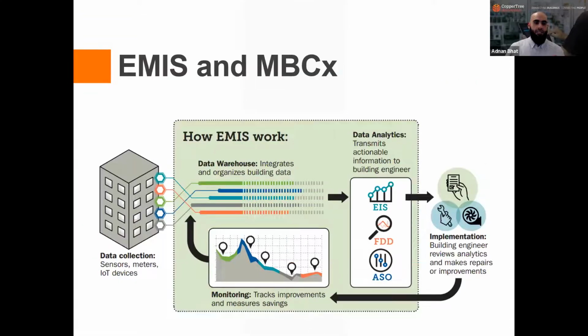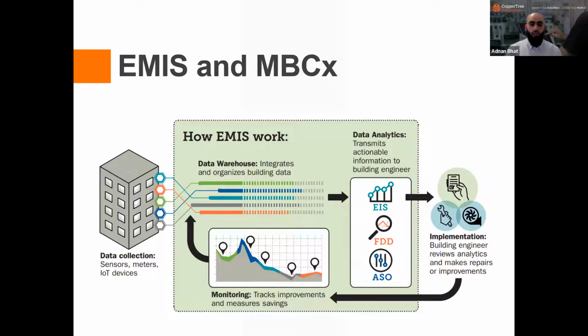So how do EMIS and monitoring-based commissioning work together? How does this process and tool integrate with each other? This diagram really illustrates the monitoring-based commissioning process from data collection on the left of the slide to the data warehouse, where the building data is integrated and organized.